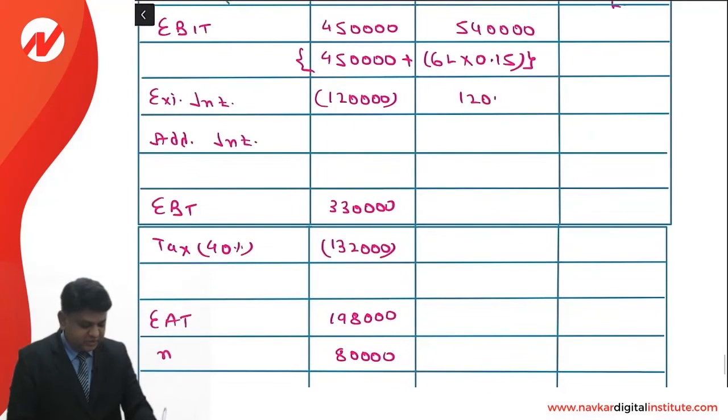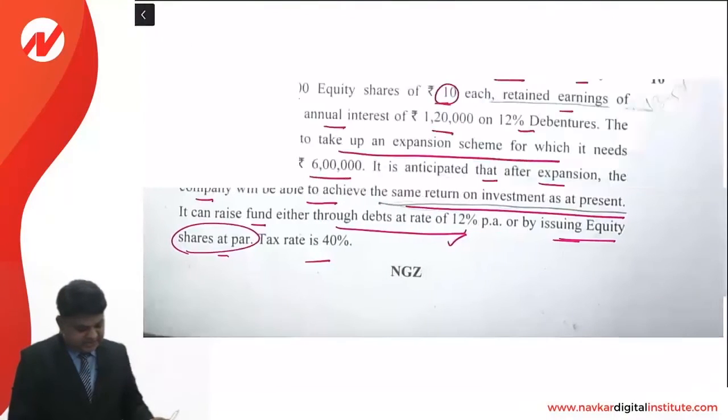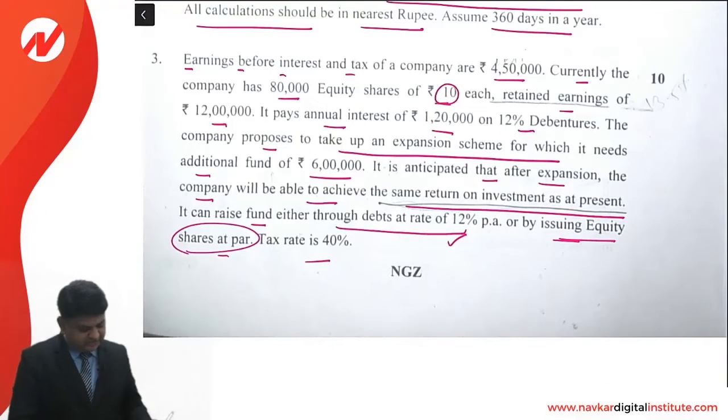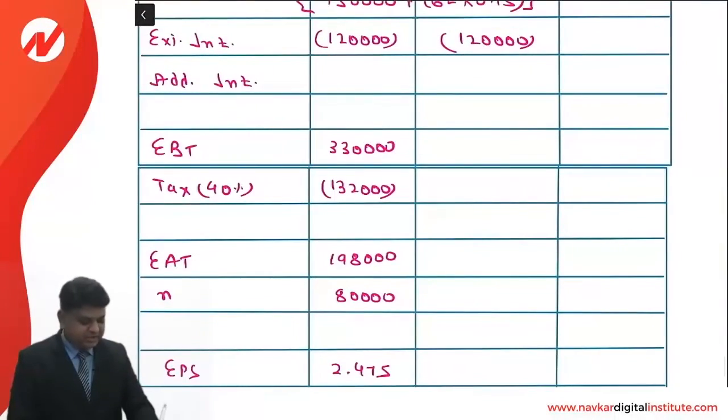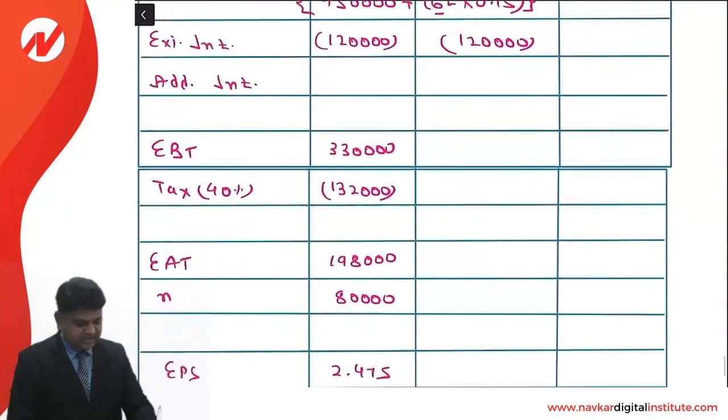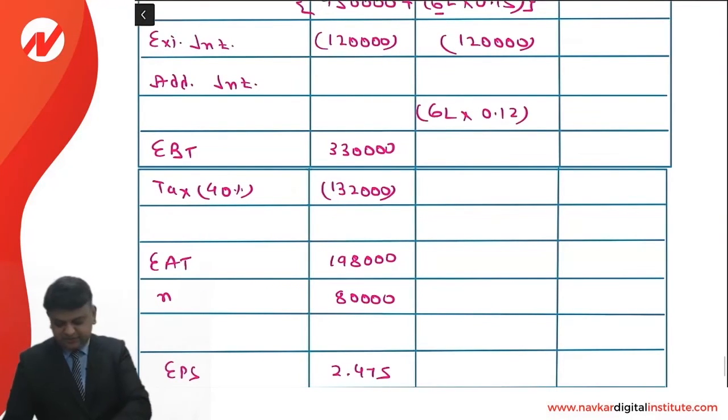Existing interest is going to remain same, that is 1,20,000. The question is clearly providing the information that the additional debt financing will also have coincidentally the same rate of interest, 12%. So additional interest will be on the 6 lakhs at the rate of 12%. That comes to an amount of 72,000.